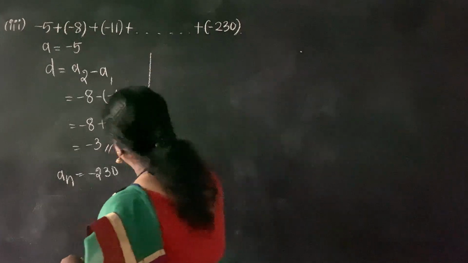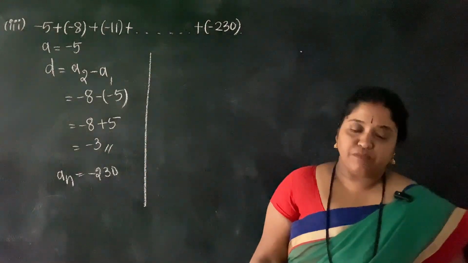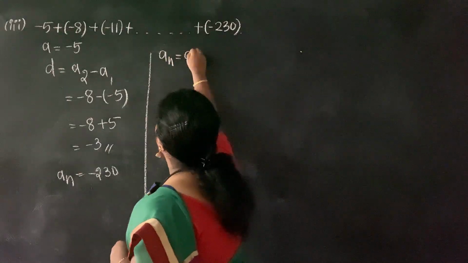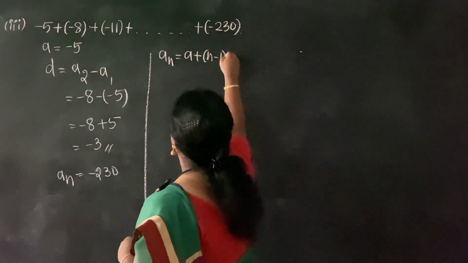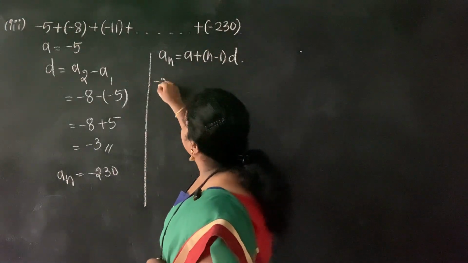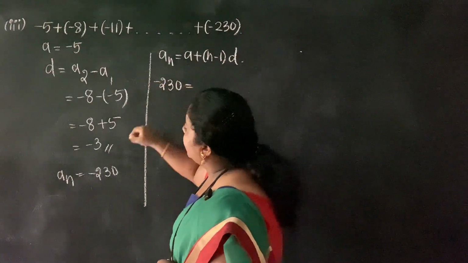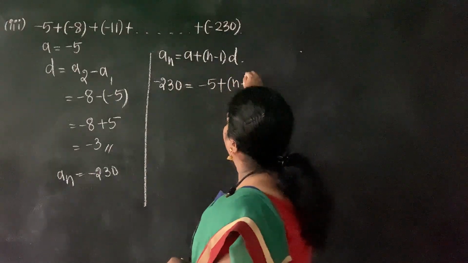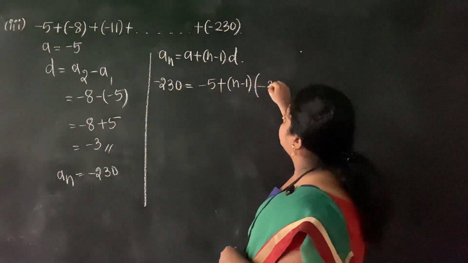The thing is, we should calculate the N value first. Which formula should I use? I should use An is equal to A plus (N minus 1) into D, isn't it? An value is known, minus 230. Minus 230 is equal to minus 5 plus (N minus 1) into D value, minus 3.